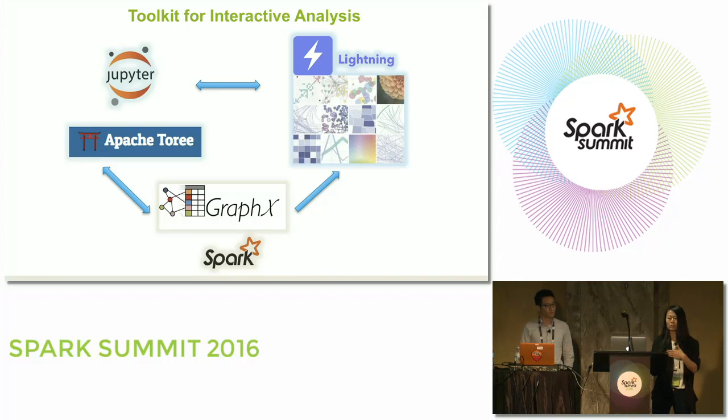And visualization is supported by this awesome tool called Lightning Viz. So thanks to the guys behind this great tool. And the code is running on Jupyter Notebook. Then the Jupyter Notebook connects to GraphX and the Spark engine via Spark Kernel, and Spark Kernel is now known as the Apache Toree project.